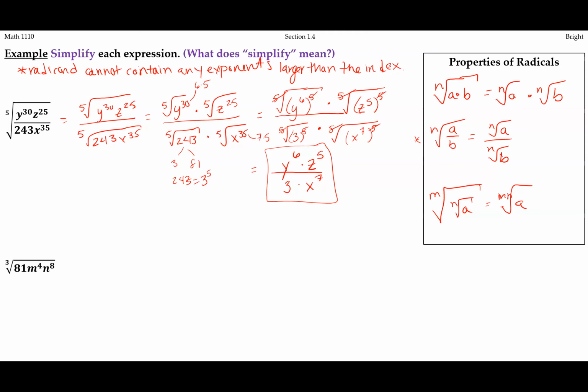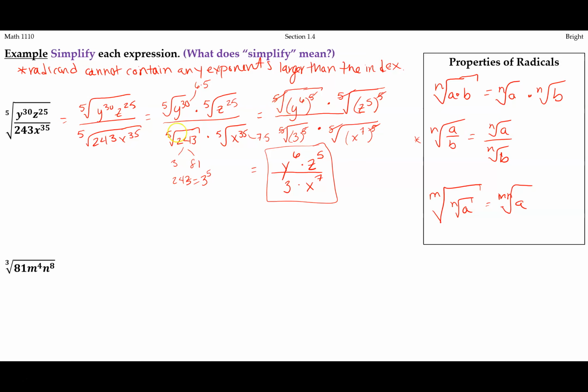The other thing that I always tell students to think about is that the index is really saying you want to find 5, or in this case, 5 similar things, and for every 5 similar things, you're going to pull one out. So in this case, I had 5 groups of 6 y's multiplied together. I'm sorry. Let me rephrase.